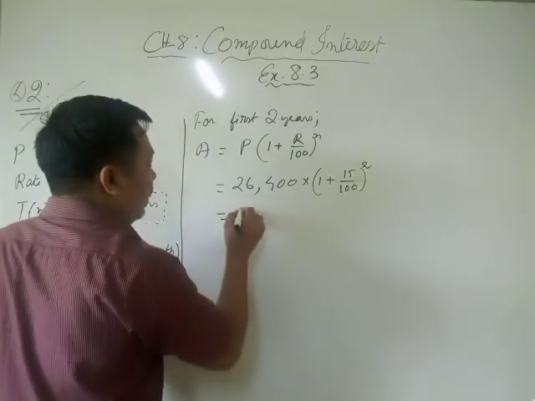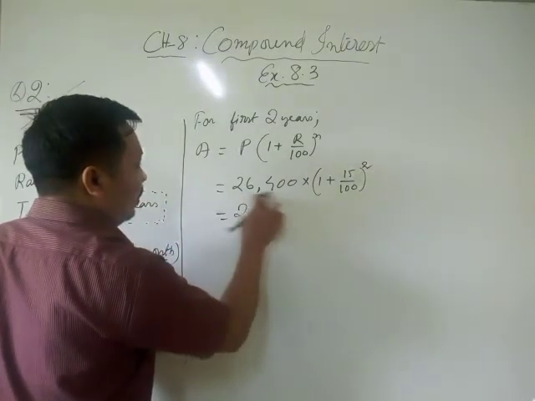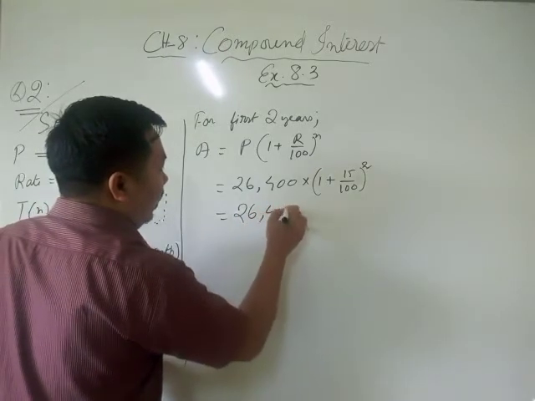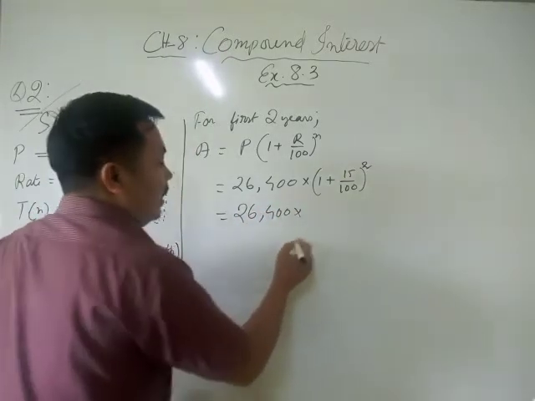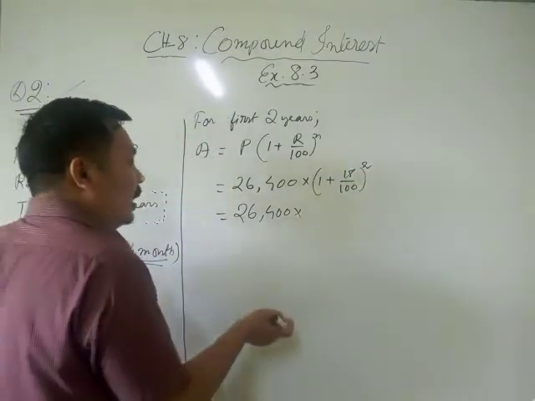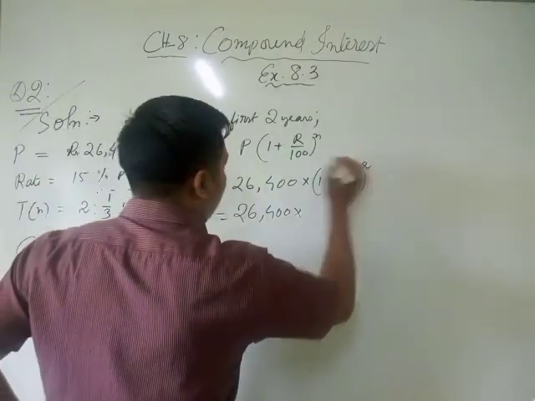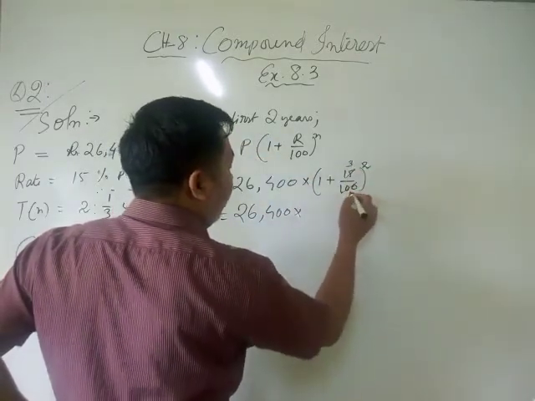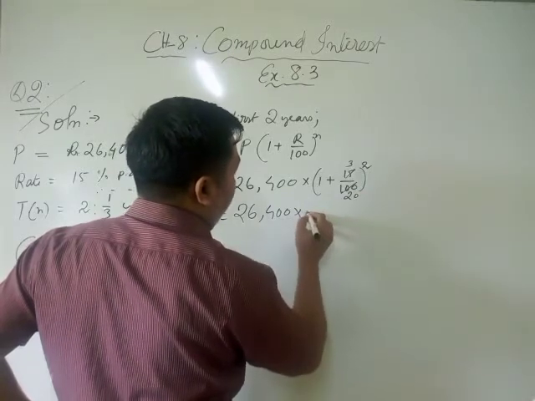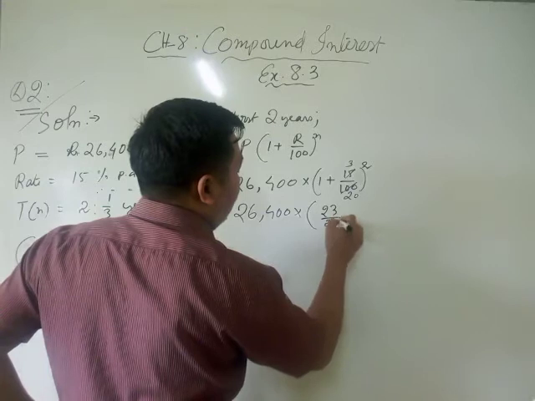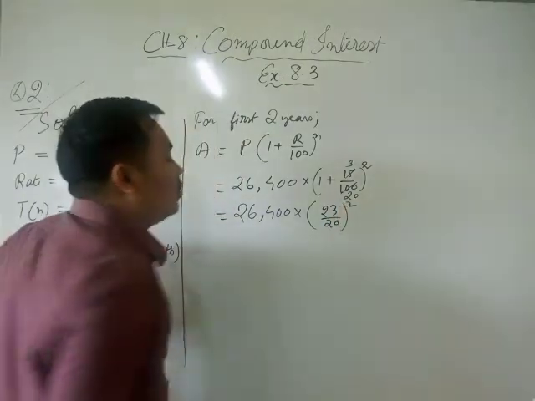Clear? Then we have here rupees, don't forget rupees. Rupees 26,400 into, you just set it here, this 15. 5 ones are 5, 5 threes are 15, and now you get here 1 plus 15 upon 100 is 1 plus 3 by 20. Then you get here in the bracket 23 by 20 to the power 2.